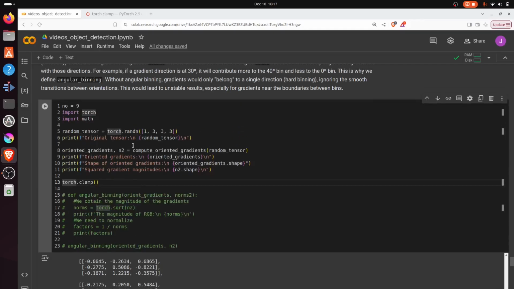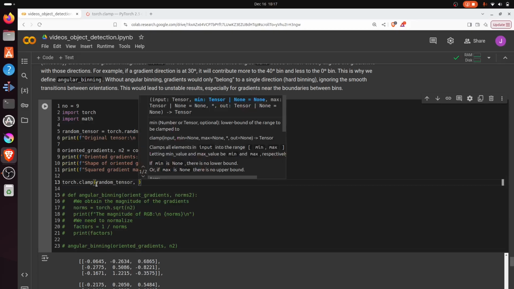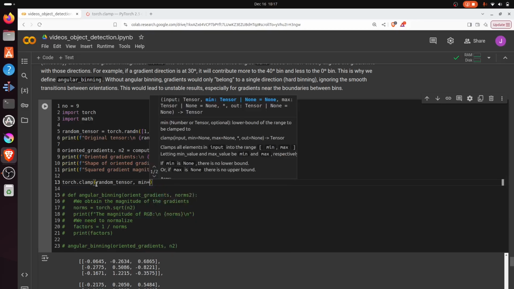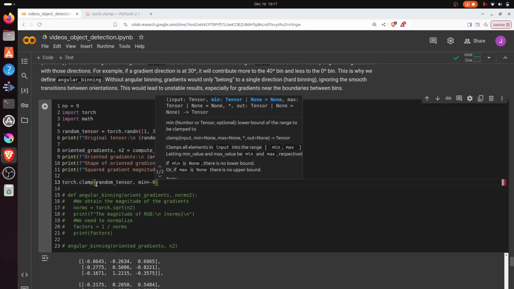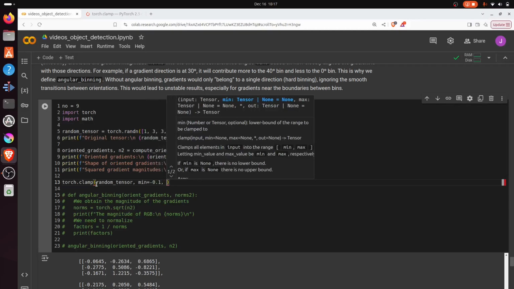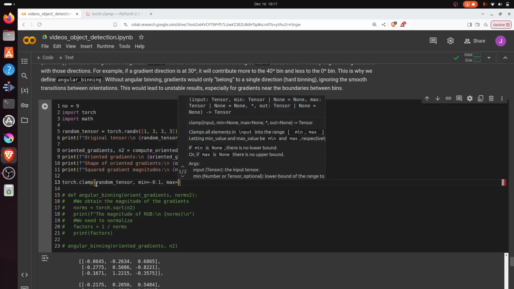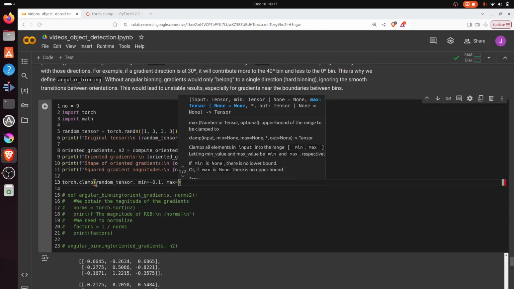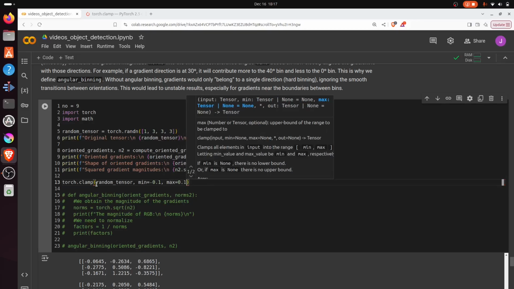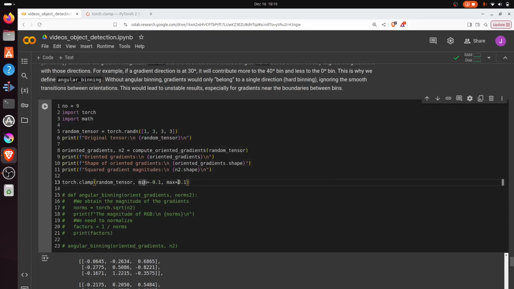So we input a random tensor, and we specify a minimum, say minus 0.1, and a maximum of 0.1, for example. Let's see what happens in that case.